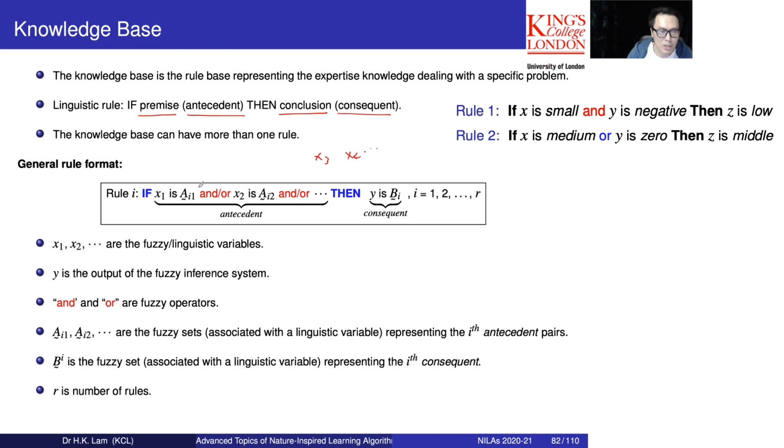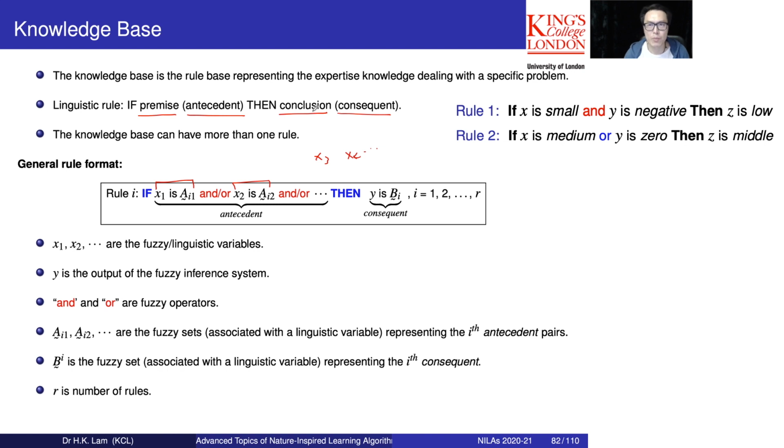And if we have more than one term here, like x1 is something and x2 is something, we can combine them using the fuzzy and as well as the fuzzy or operator. Later on, I'm going to introduce another one, which is not.